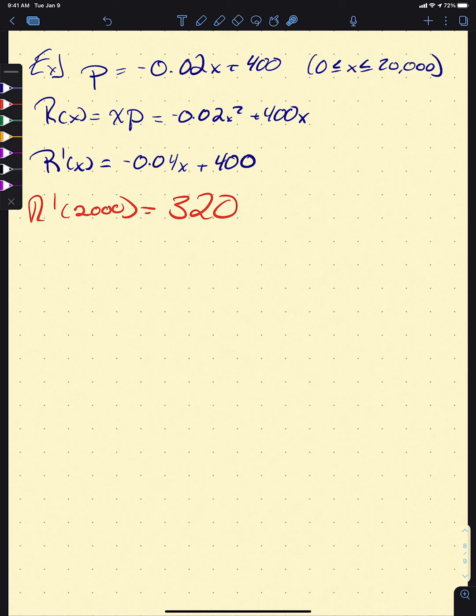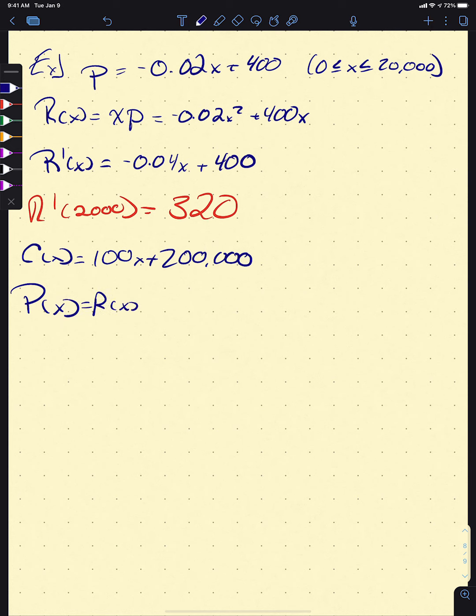Then say that our cost function for these speakers is 100x plus 20,000. Here's what we can do. We can calculate our profit function. It's going to be r of x minus c of x. Well, what's our r of x?